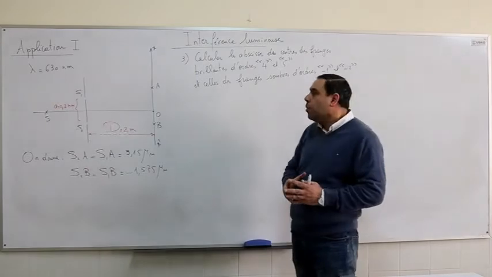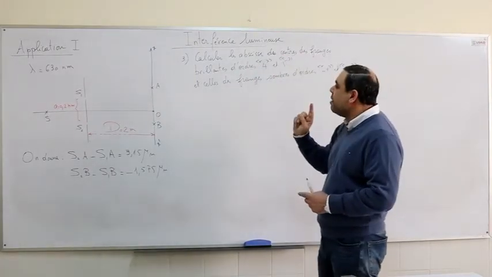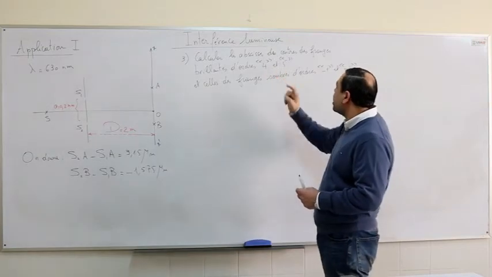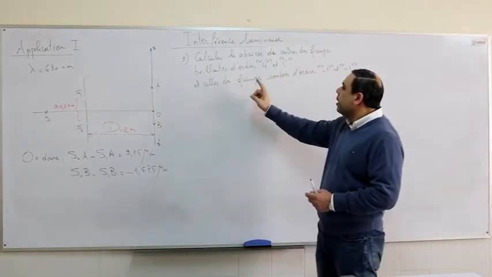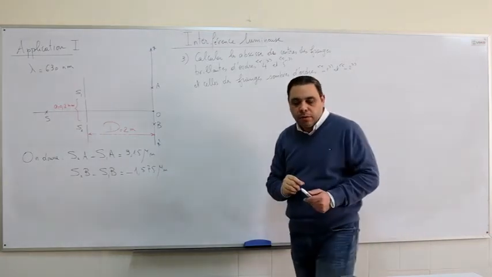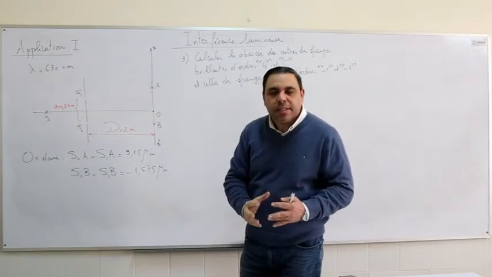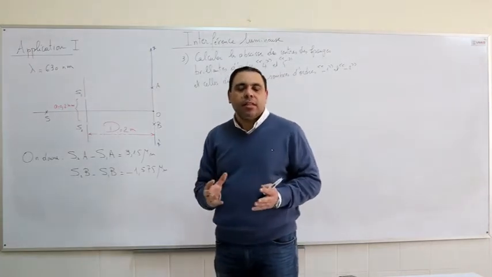Part 3. In the third part of the application, we have to calculate the abscissas of the centers of the bright fringes of orders 4 and 5 and those of the dark fringes of orders minus 1 and minus 2. How can we determine the abscissas of an interference fringe in general?